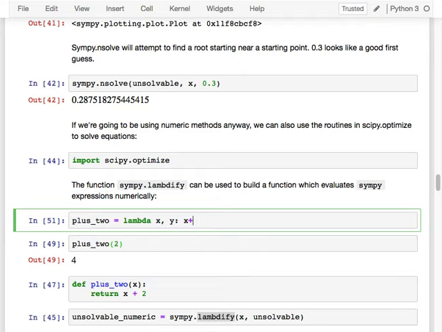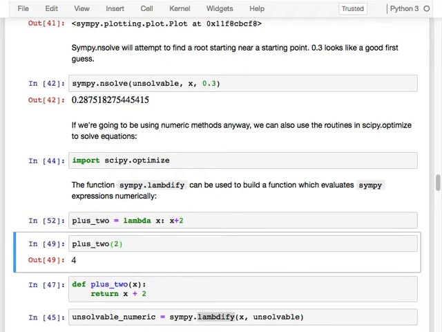Now, I'm not going to go into a great deal of detail into how Lambda works because I strongly discourage you from using it, as does Guido van Rossum, the creator of Python. I'm showing you why LambdaPhi is called LambdaPhi.